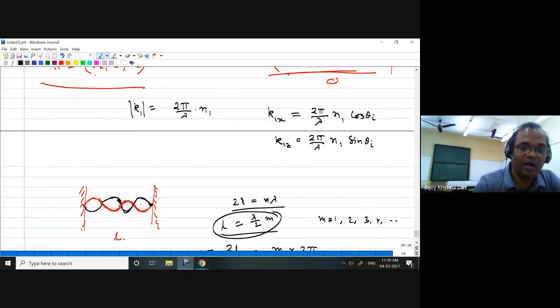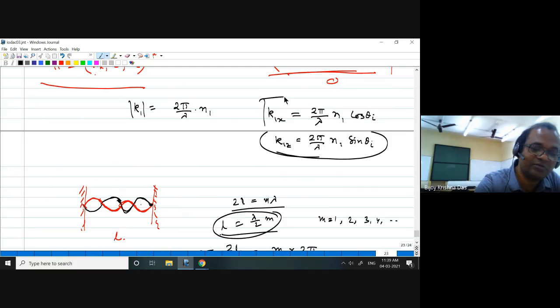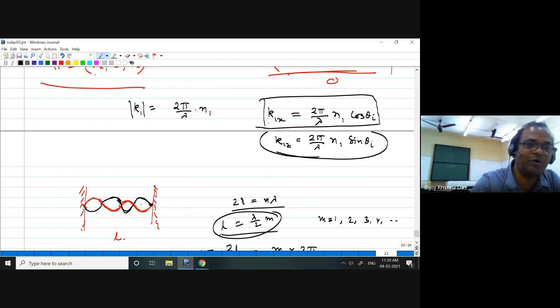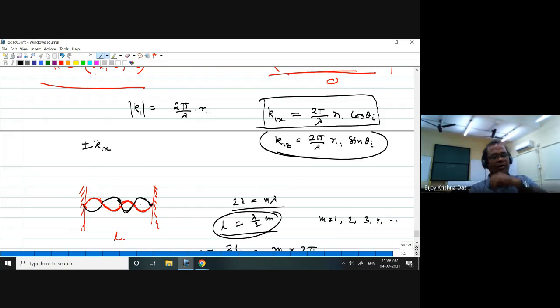Okay. Now I will come back to this one a little later. Let us concentrate on this. So I have a wave vector component along the x-axis. And I know that this component has a positive value as well as a negative value. So k1x, I see inside the waveguide there are two components, along the positive x direction and the negative direction.